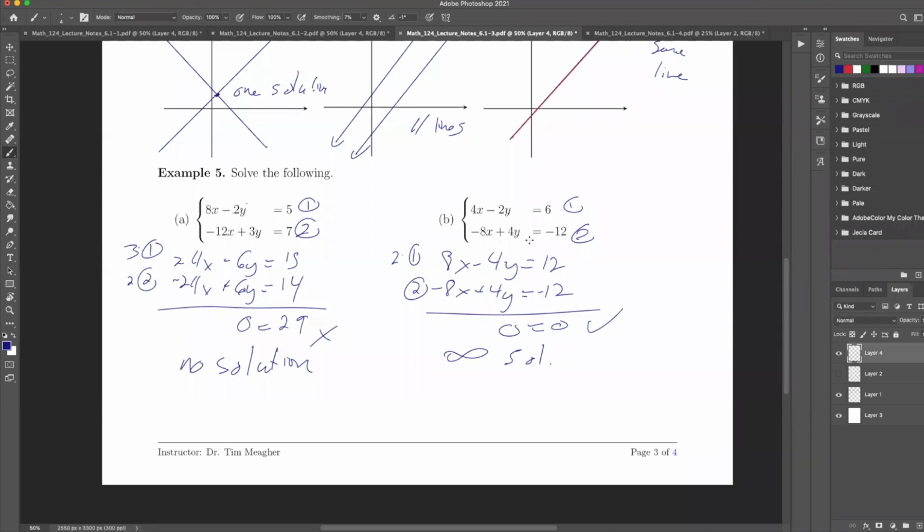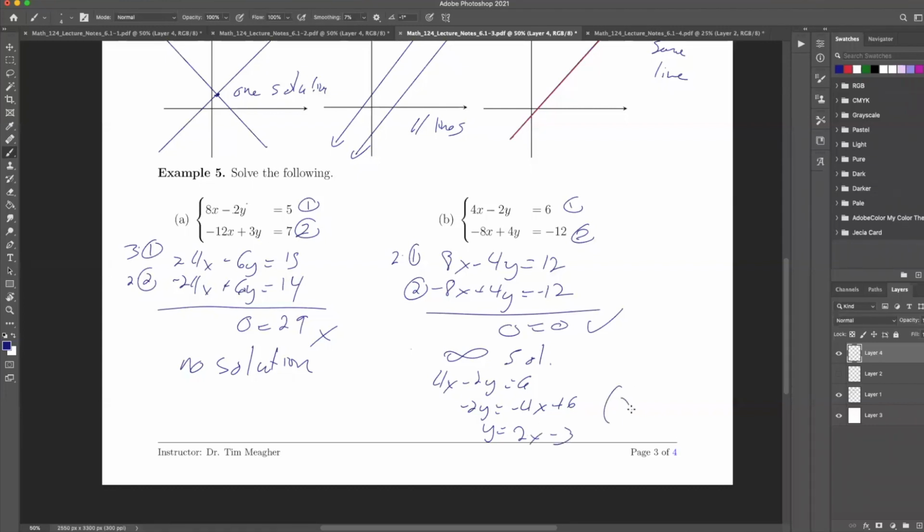We'll just solve the first one. So we have 4x minus 2y equals 6. That means minus 2y equals minus 4x plus 6. So I have y equals 2x minus 3.